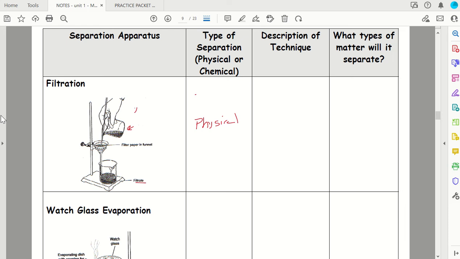And the idea that you have to be able to write or recognize is that the filtrate passes through some sort of filter and the undissolved particles.